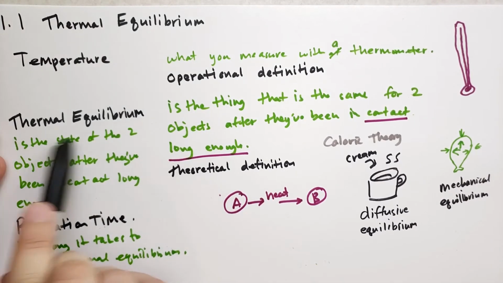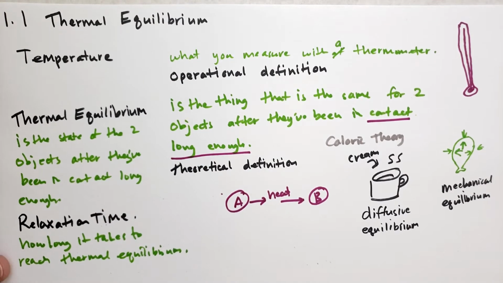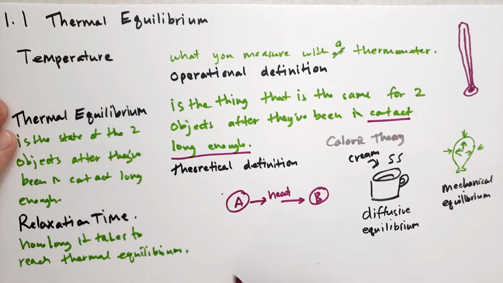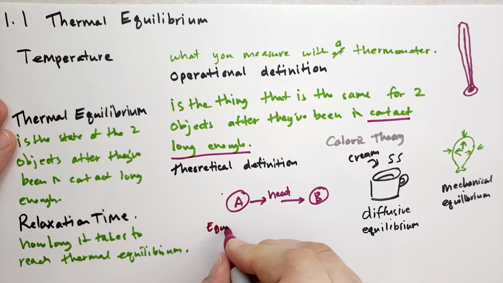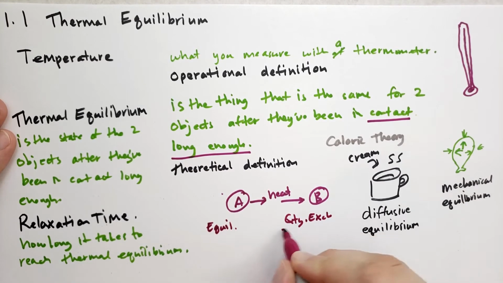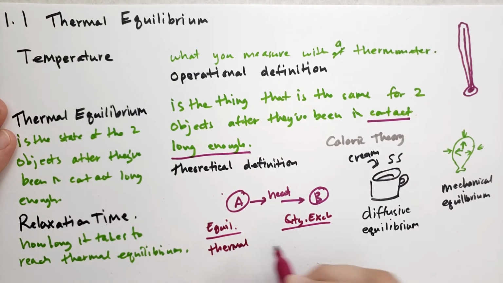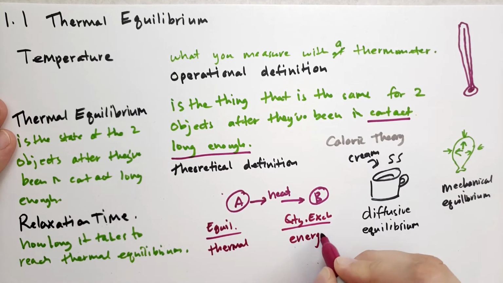So we have thermal equilibrium, we have diffusive equilibrium, we have mechanical equilibrium, and he draws a nice little table. So he has the equilibrium type, and then he has the exchanged quantity, XCH, exchanged. And so he's going to say when there's thermal equilibrium, there was some kind of energy that was exchanged.